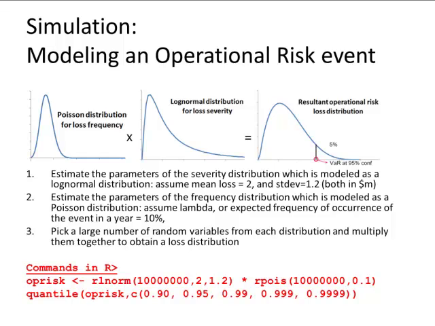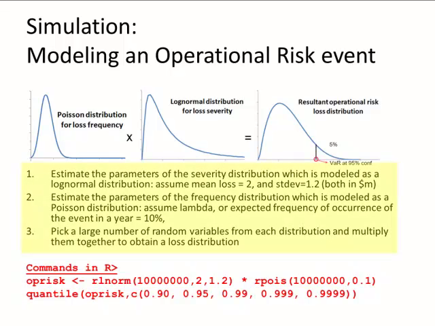We estimate the frequency of the event using a frequency distribution which can be modeled along the lines of the Poisson distribution, and we model the severity using the log normal distribution. We multiply the two and we get the operational risk loss distribution. And the steps to come to the loss distribution are highlighted here on this slide, and you can read them yourself. I'm not going to walk you through them.